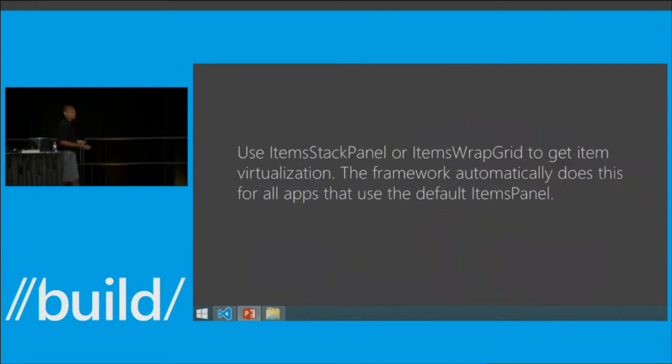So if you're writing an 8.1 app, you get this item virtualization for free. But if you've overridden items panel on either a GridView or a ListView, I suggest that you try and just change it to be an items wrap grid or item stack panel, and then your app, recompiled for 8.1, will get item virtualization.